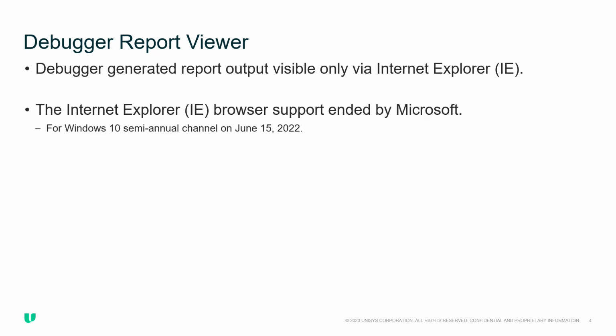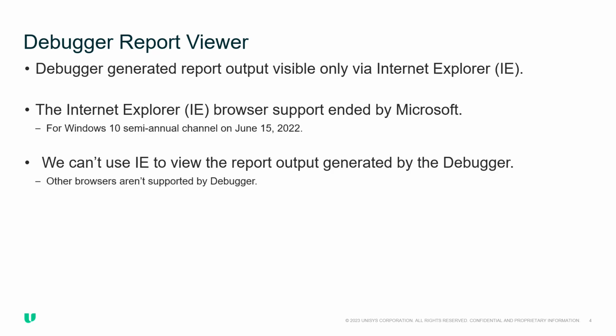Microsoft ended Internet Explorer support for the Windows 10 semi-annual channel on June 15, 2022. In fact, the IE browser was removed from the latest operating system like Windows 11. Very soon, they might remove it from other older operating systems as well.